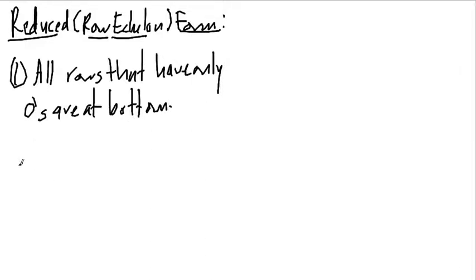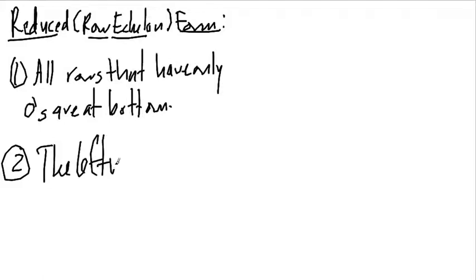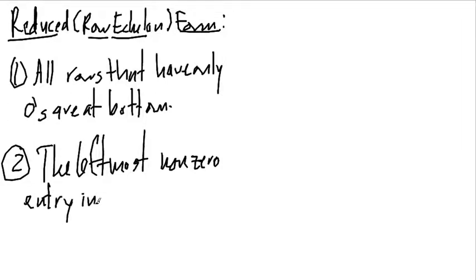Number two, the leftmost non-zero entry in any non-zero row, any row that has a non-zero entry, is 1.